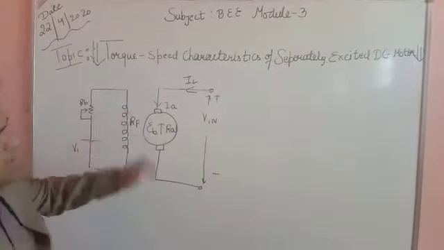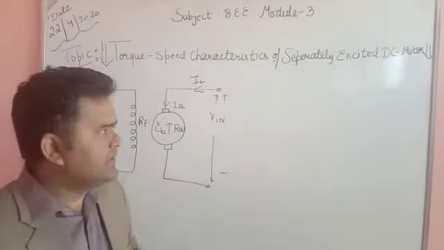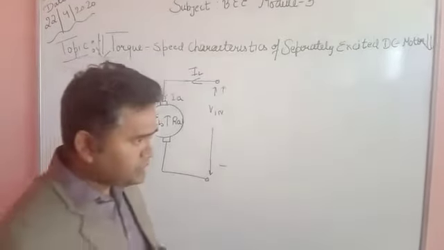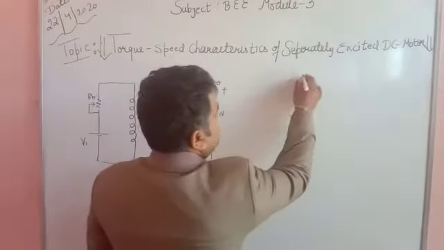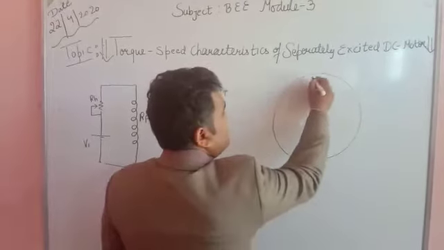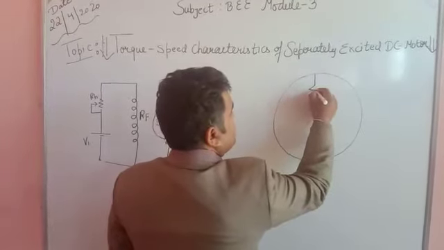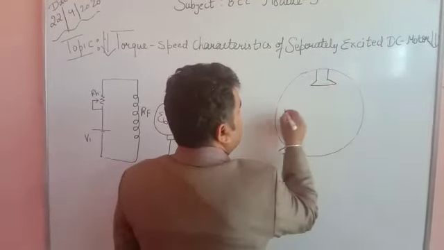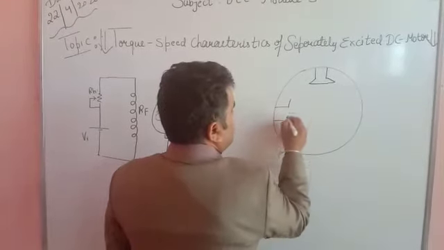Now what is the meaning of separately excited? We know that in case of a DC motor, the shape of a DC motor, that is the poles, I am assuming a 4 pole DC motor.